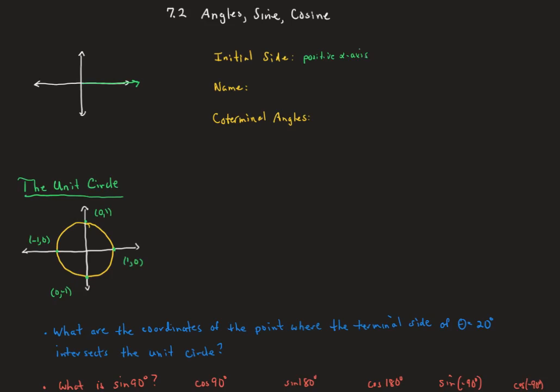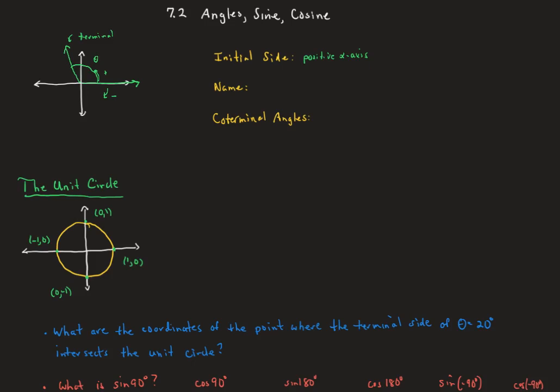And then we're going to imagine that a positive angle is going to go counterclockwise and a negative angle is going to go clockwise. So we can spin around however far we want, and then where we end up, that is going to be our angle theta, and the place where it ends is going to be the terminal side.